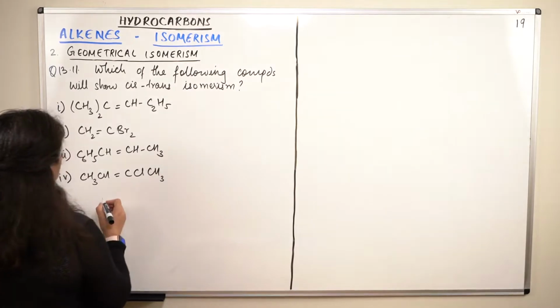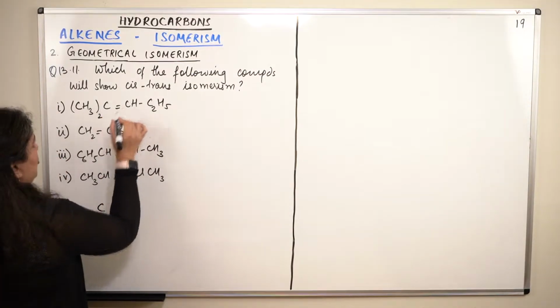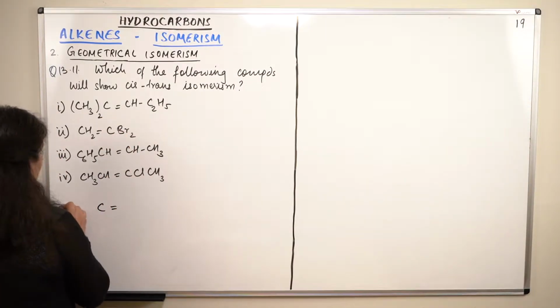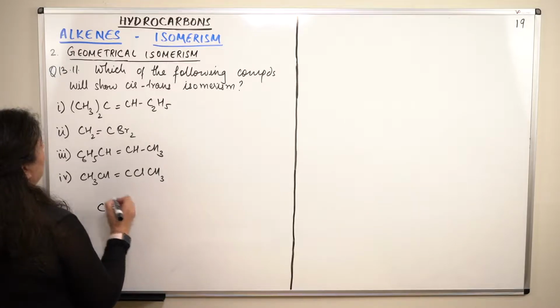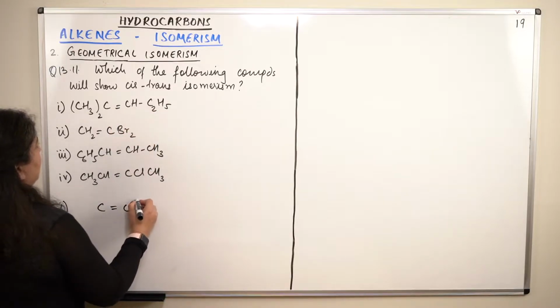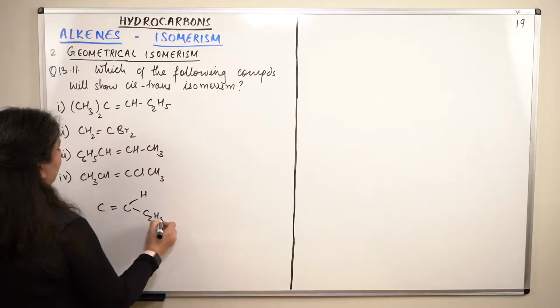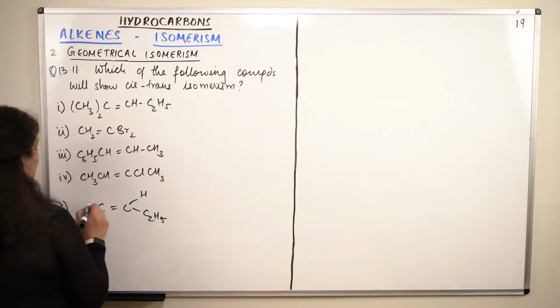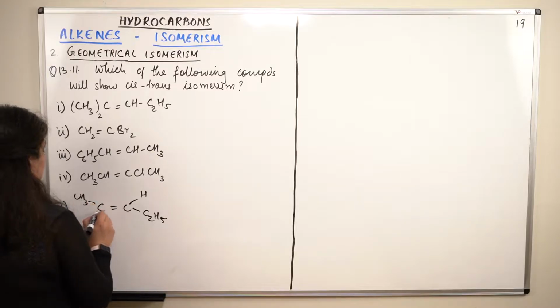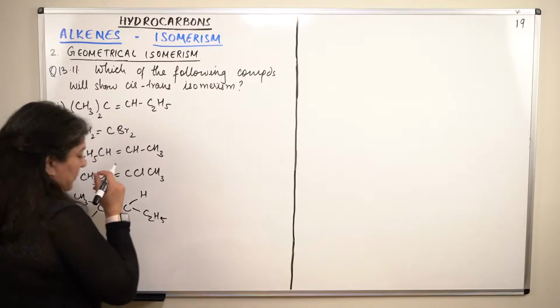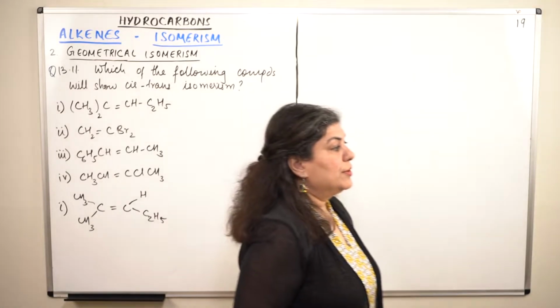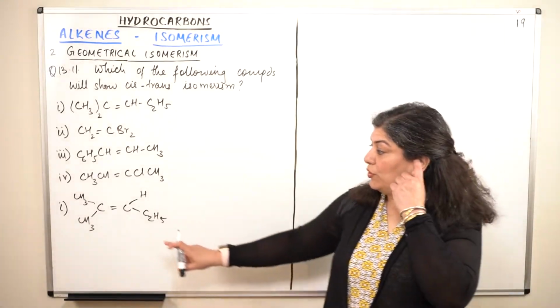This is C, and the double bond is between these 2 carbons. So C, double bond, I'm doing the first one. C, double bond, C. This has H attached to it and the other group is C2H5. This carbon has 2 methyl groups attached to it. Tell me, can you draw the cis-trans isomerism for this compound?